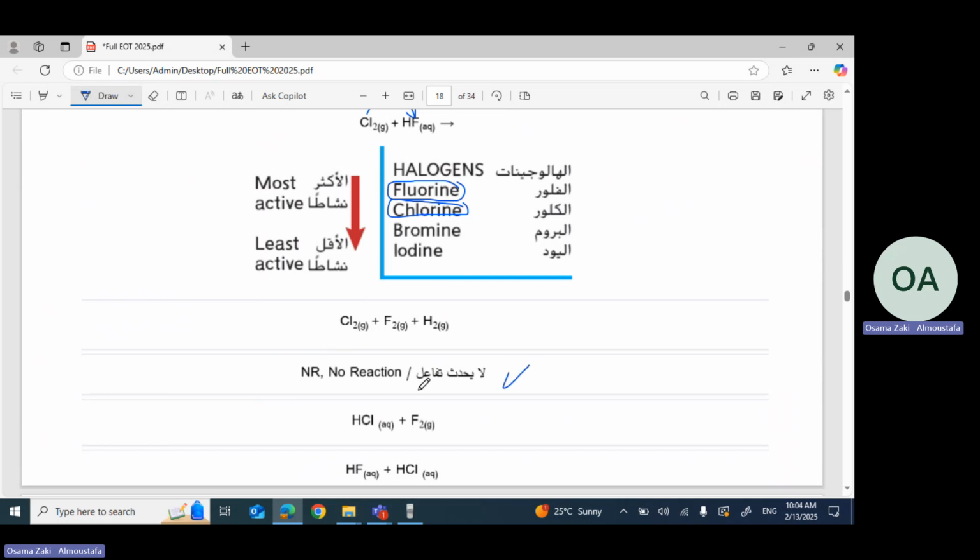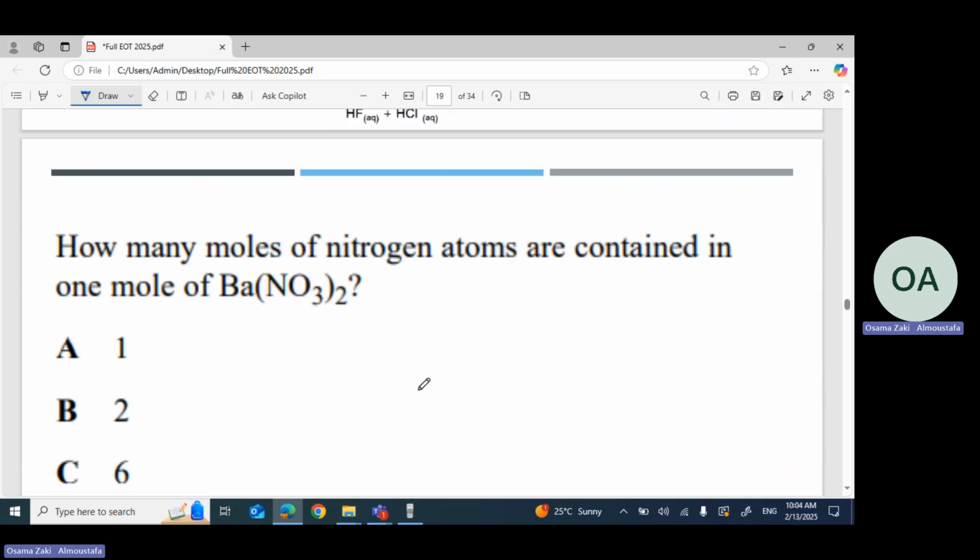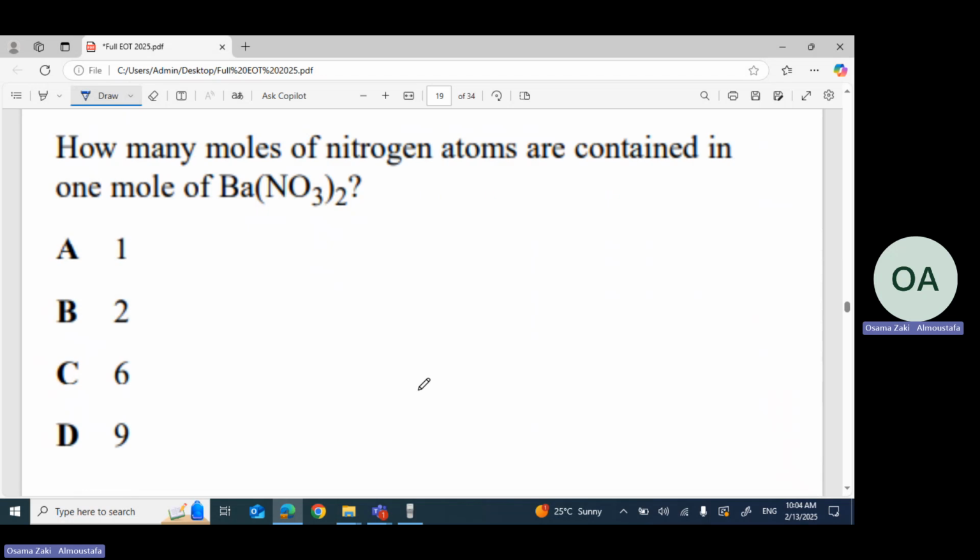So there is no reaction. Okay, so now, how many moles of nitrogen atoms are contained in 1 mole of BaNO3? So he's asking me about what? About the number of moles of nitrogen. Nitrogen is N. In what?